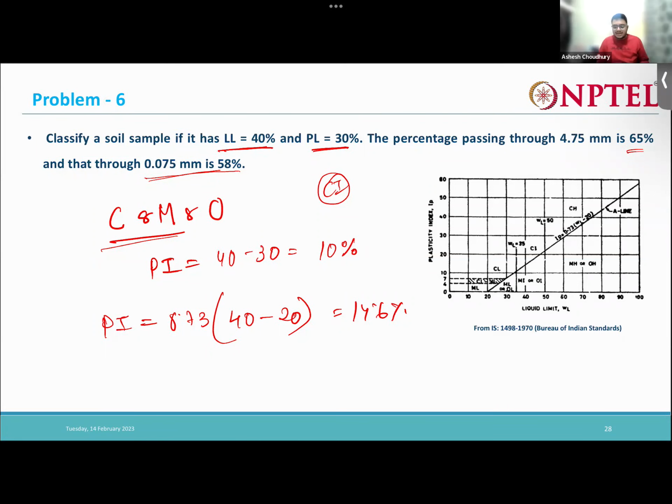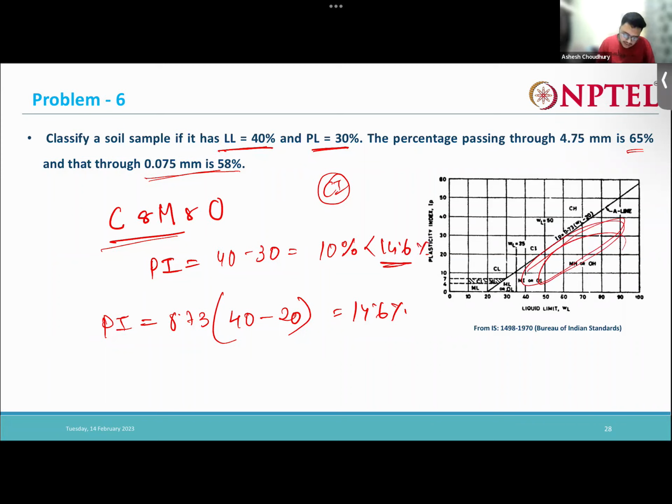Now tell me if it's clay or silt. Silt. Exactly. Why is it silt? Because it is plotting below our A line, in this region.